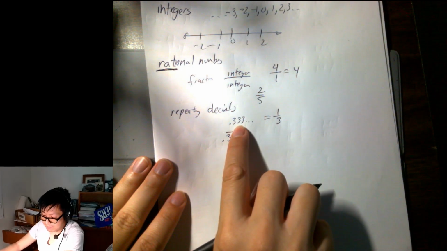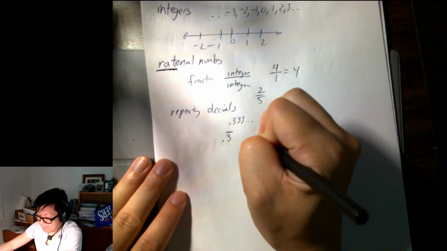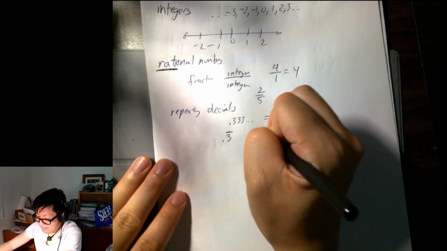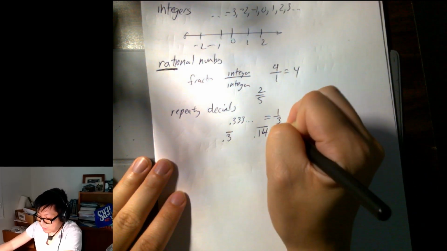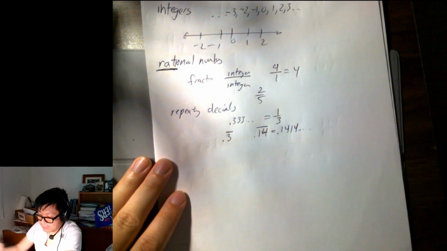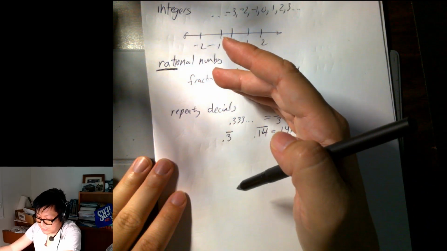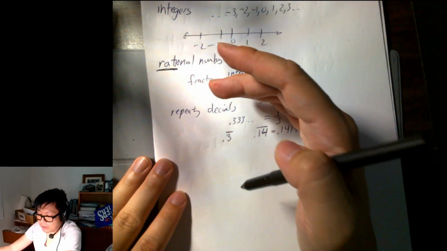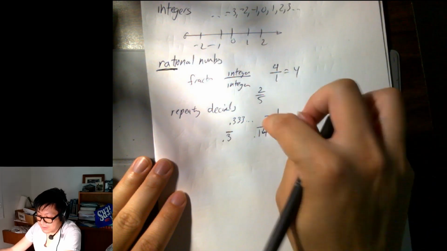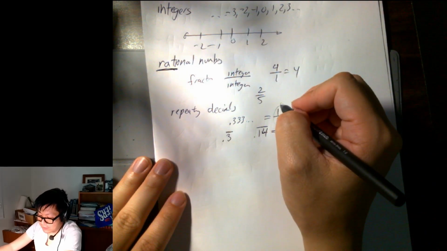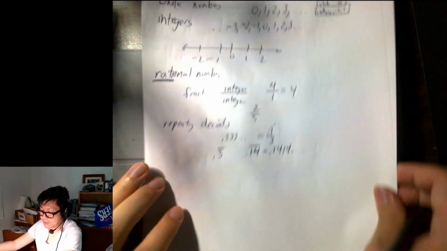So this is the same thing as this above. If I have a bar over this, it is the same thing as 0.1414 repeating forever and ever. So your rational numbers are basically fractions of integers, and that will include repeating decimals because, again, this is a fraction of integers.